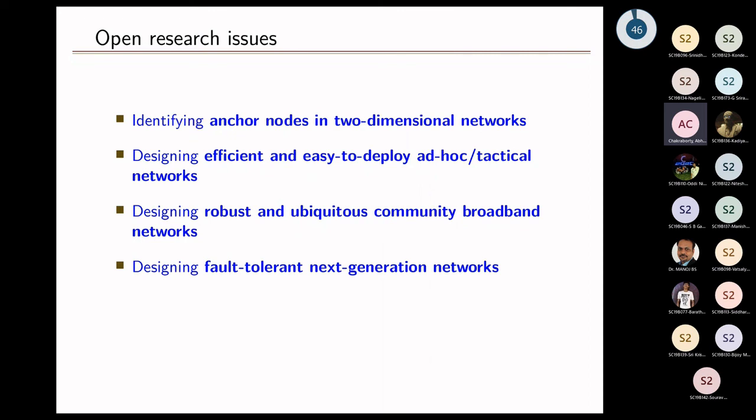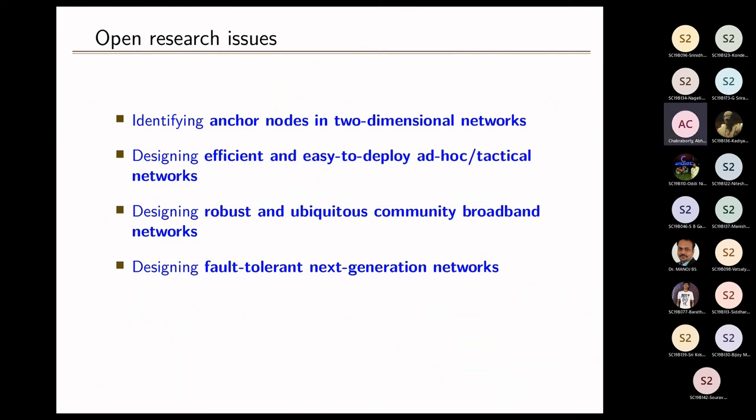Then also designing fault tolerant next generation networks, like if you are talking about say 5G networks and others. In those cases, as you know, 5G will mostly implement all the functionalities as a virtual network. So it will be mostly installed in clouds, or any containers or maybe some substrate network.